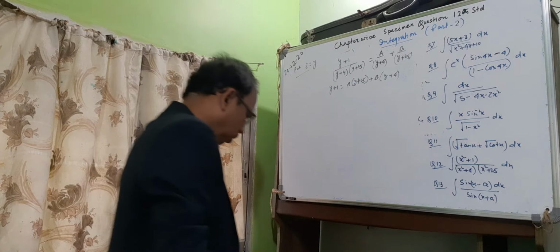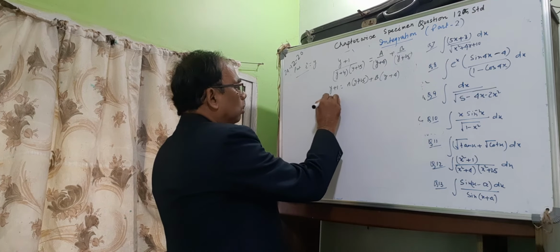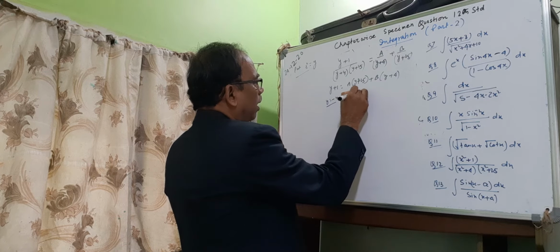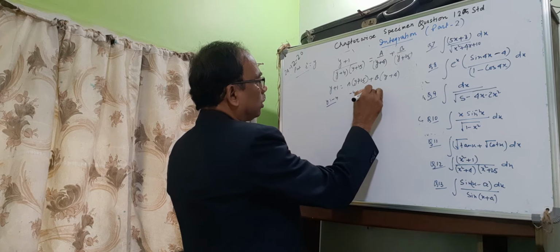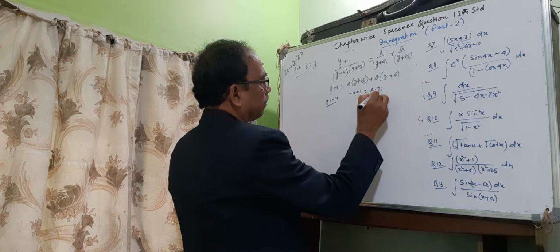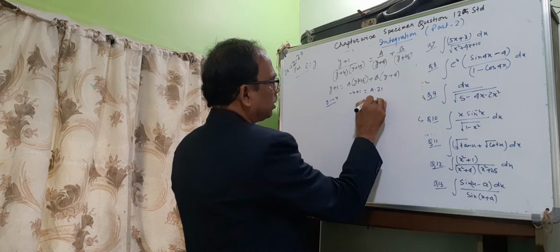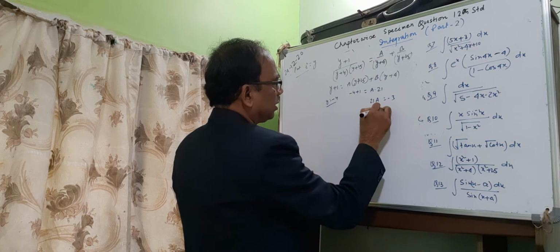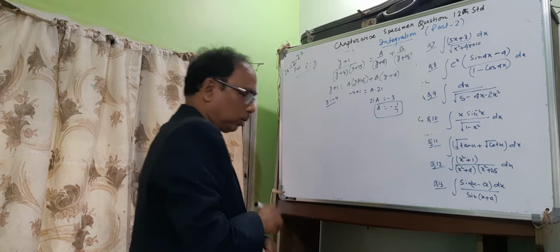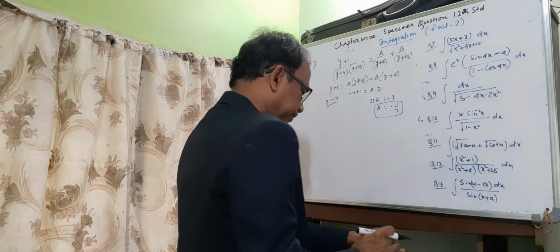Now put y equals minus 4. This is minus 4 plus 1 equals a into 21, so minus 3 equals 21a, then a equals minus 1 by 7.